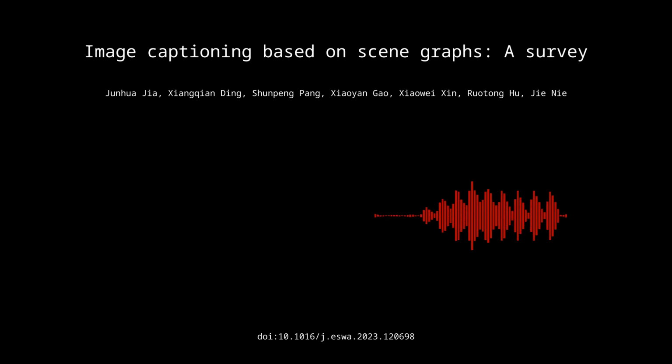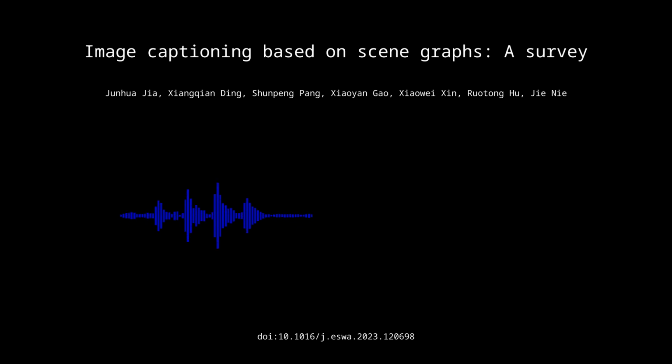So that leads to more accurate descriptions, especially for complex images. It also leads to more detailed descriptions, and importantly, more human-like descriptions. So it's really trying to mimic the way that we as humans understand these scenes. We don't just see a list of objects, we see a story.